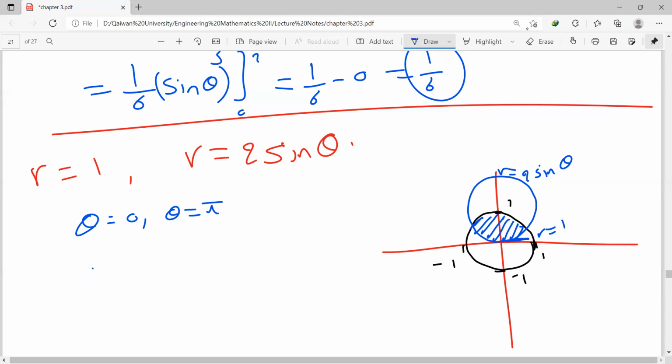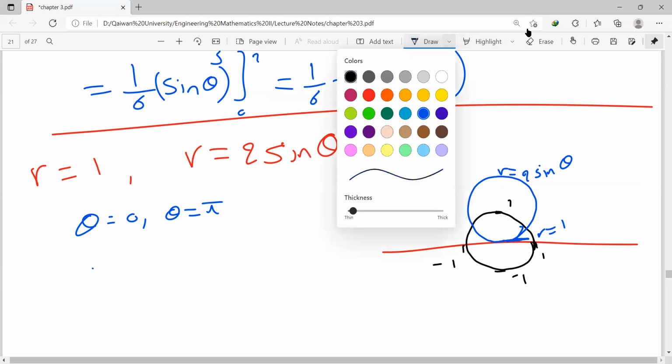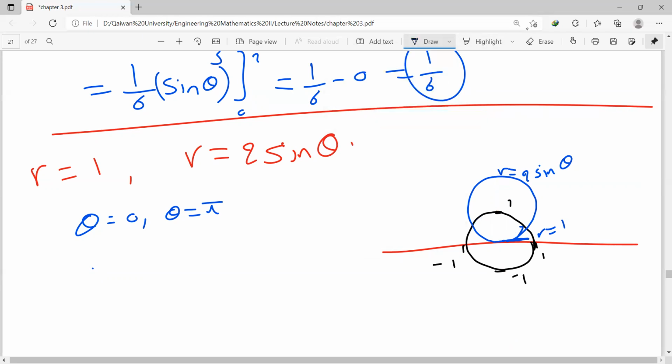From where to where? Look, it's going from the blue one up to the black one.